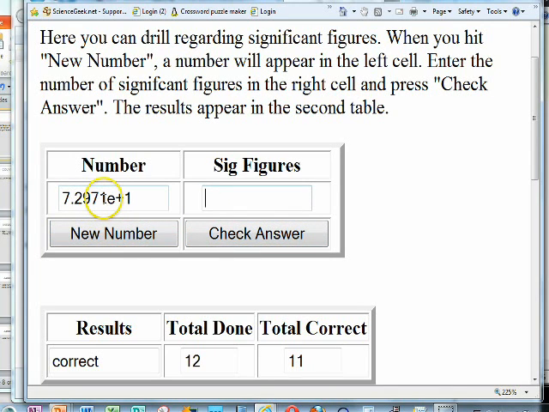Okay, another scientific notation. So this is 7.2971 times 10 to the first. So anything that's in front of the power of 10, any full numbers in scientific notation is significant. So that would be 5.